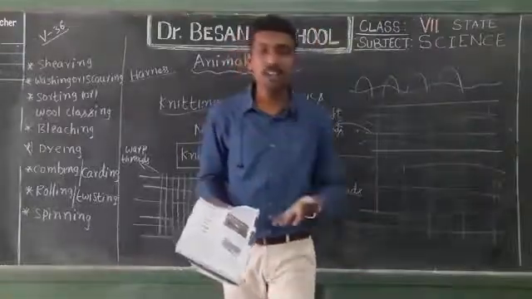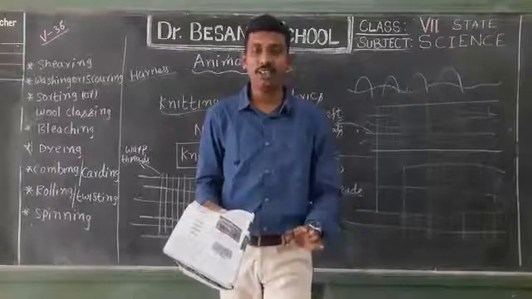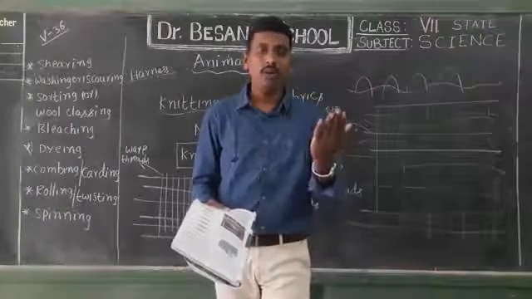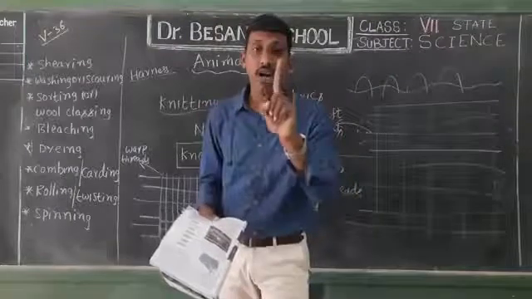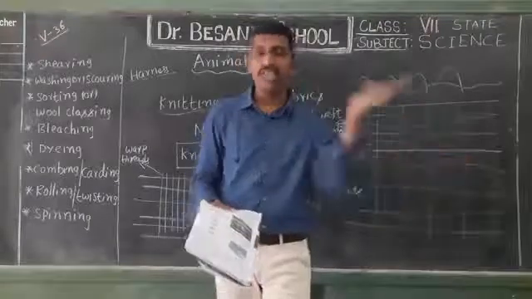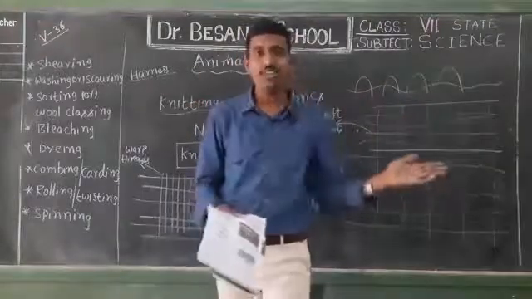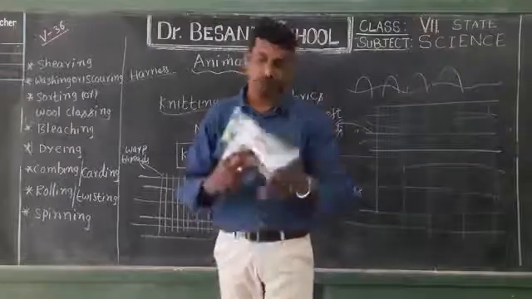Who can make this possible? The harness. If you lift the harness, what happens? Every time the harness lifts one thread up and one thread below. Which threads? Warp threads. Whereas the weft threads move from left to right or right to left, whatever it may be, so that every time the closeness of the threads takes place.